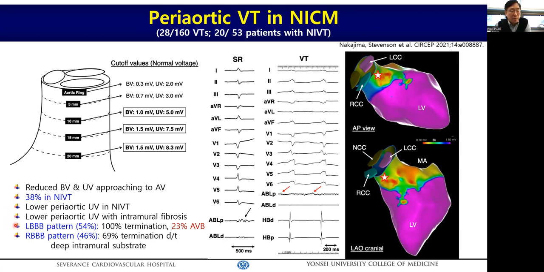In case of LBBB pattern, it was easy to terminate, but shows a high chance of heart block. LBBB means it comes from the septal side, nearby the conduction system. In contrast, in case of RBBB pattern, the VT target exists more laterally and shows only 70% chance of termination due to deep intramural substrate.